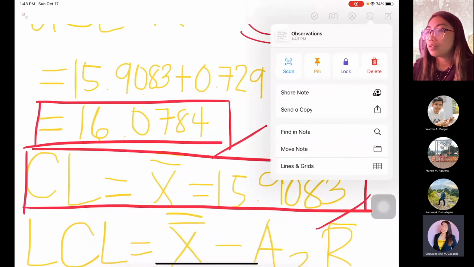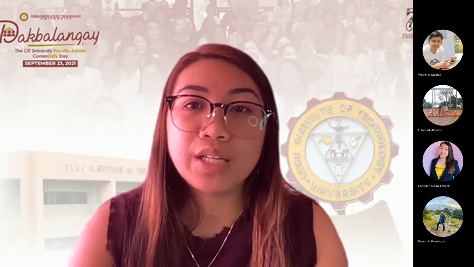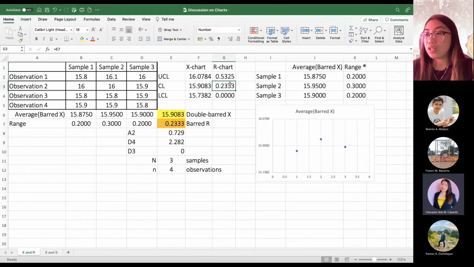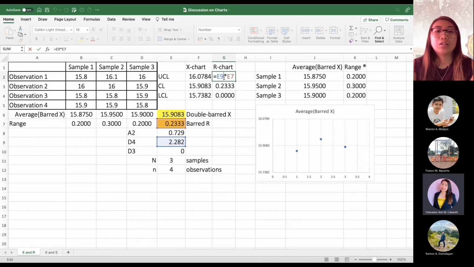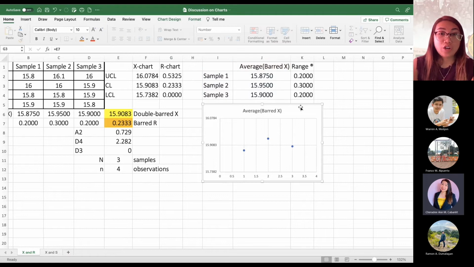Now, going back from here, that's why you have the following. So that's 0.5324, I have not rounded off. Then 0.2333, and 0. Now, let's make the bar X chart, or the X chart.